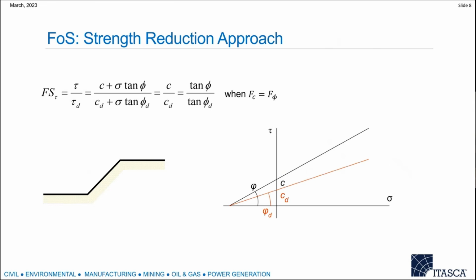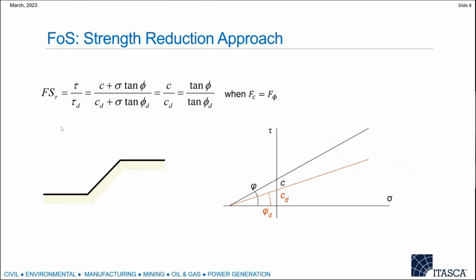So we can also reduce cohesion and friction angle at the same time. For example, we define a variable, cohesion plus sigma multiplied by tangent phi.